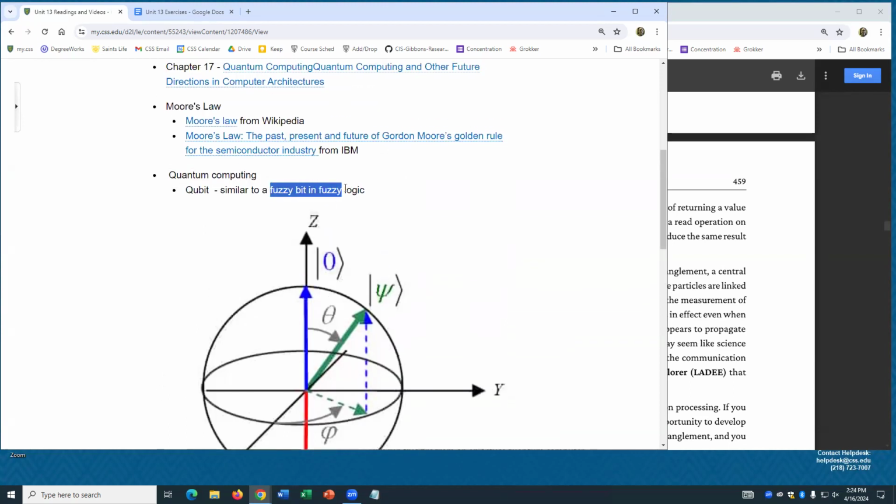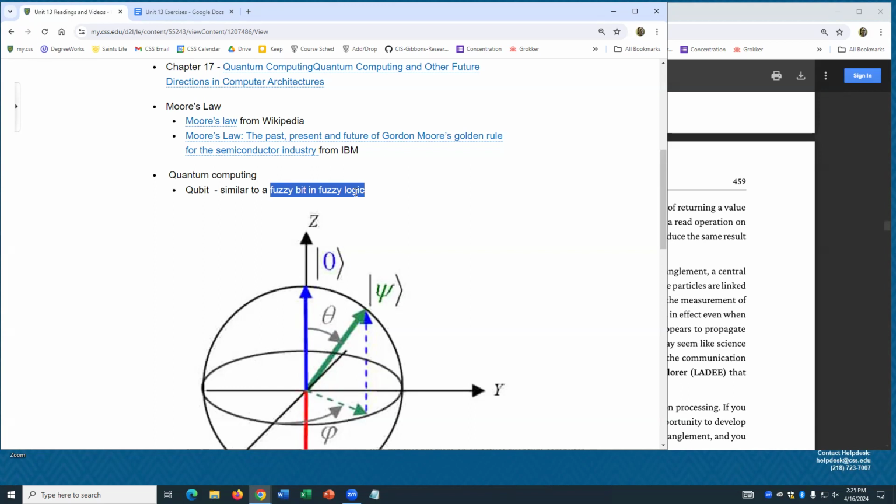Now, you may have heard of fuzzy logic, and you might want to think of it here. Fuzzy logic is an area of math, again just probability, where rather than something being true or false, something can be kind of true and kind of false. And we can talk about the likelihood of it being true or false, in this whole area of math and computing tied to fuzzy logic.